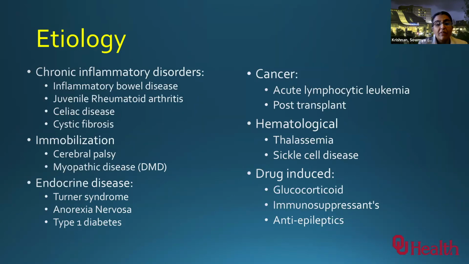These include chronic inflammatory disorders like inflammatory bowel disease, JRA, celiac disease, cystic fibrosis; immobilization resulting in poor bone health like cerebral palsy, myopathic disease; endocrine diseases like Turner syndrome, anorexia nervosa, type 1 diabetes; cancer, especially acute lymphocytic leukemia, has been well recognized to adversely affect bone health; hematological diseases, thalassemia, sickle cell disease; and drug-induced, which is typically glucocorticoid-induced osteoporosis, is very well recognized. While in this presentation I will not touch on every cause of pediatric osteoporosis, we will discuss some generalized approach to management.